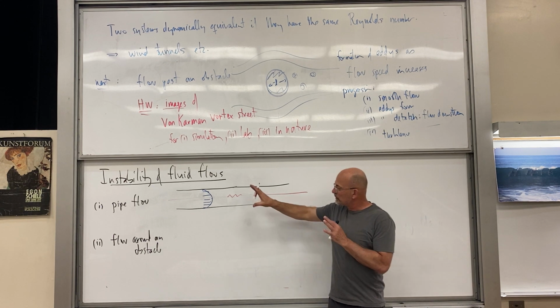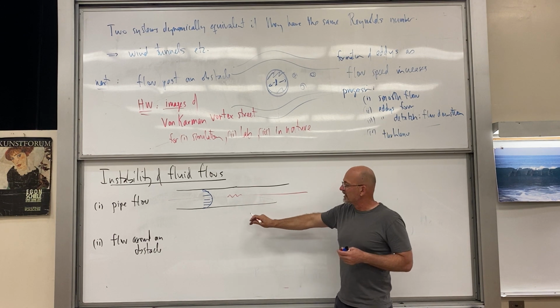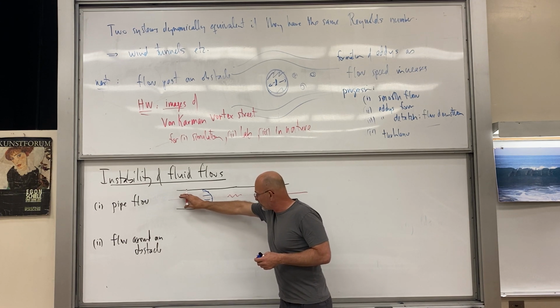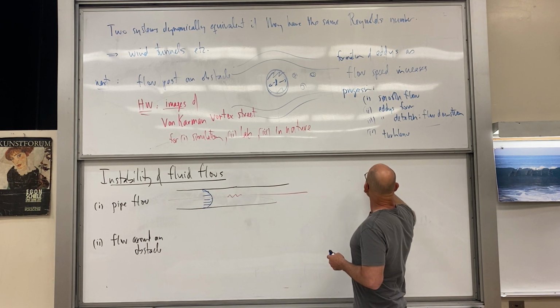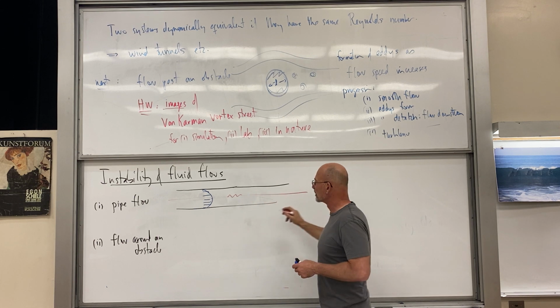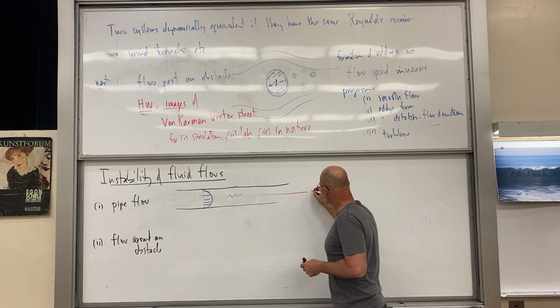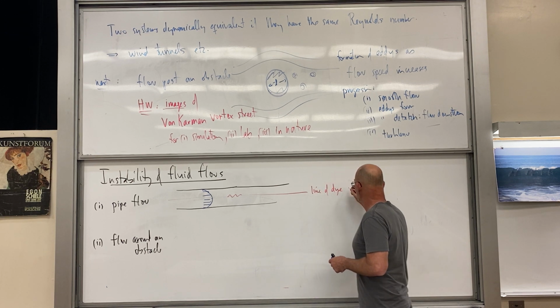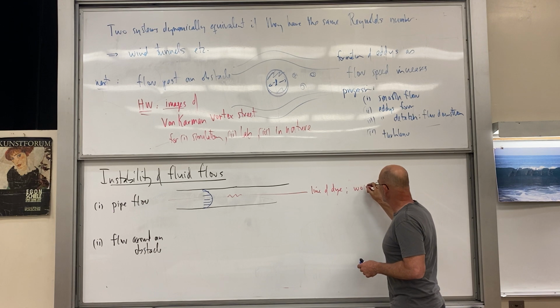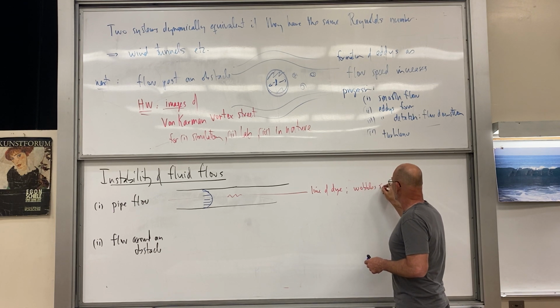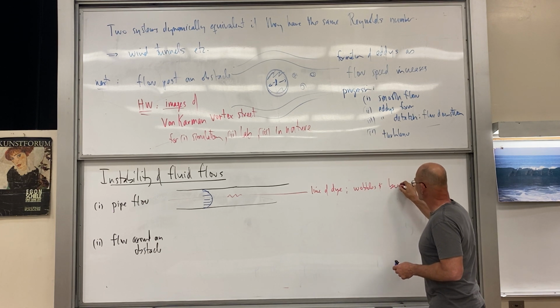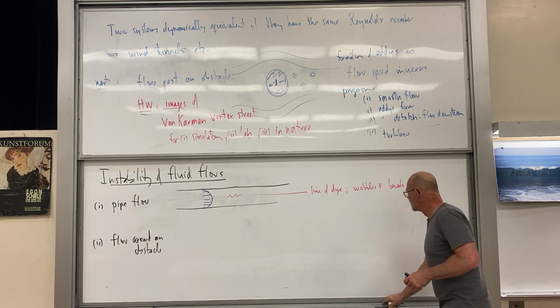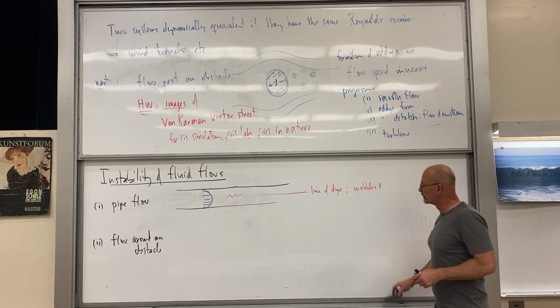So again, our solution didn't say anything about that, but there's this progression, and maybe we should put a couple of words here. So this is a line of dye. Wobbles and breaks up as the flow speed increases.